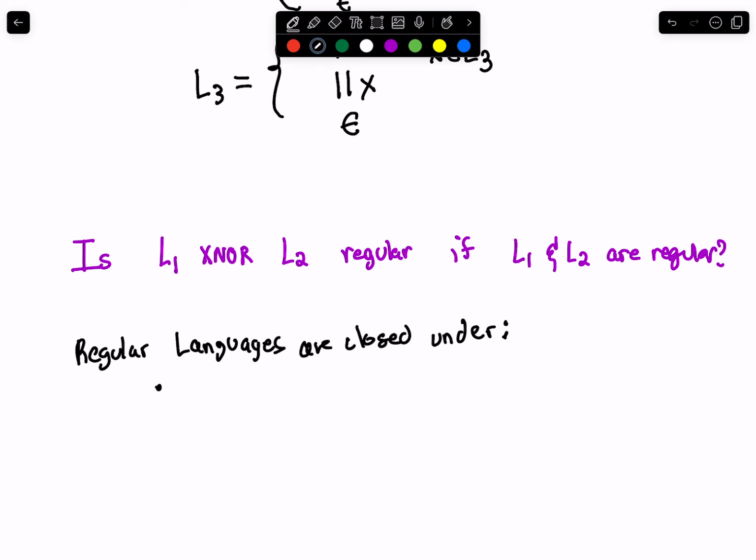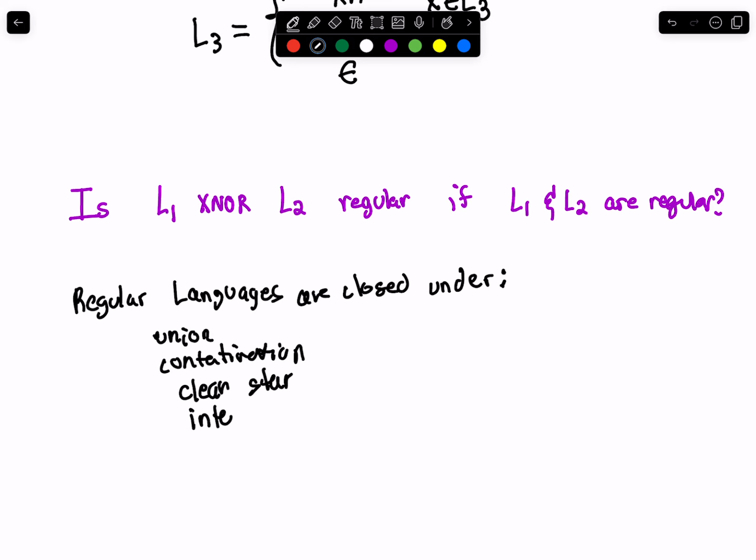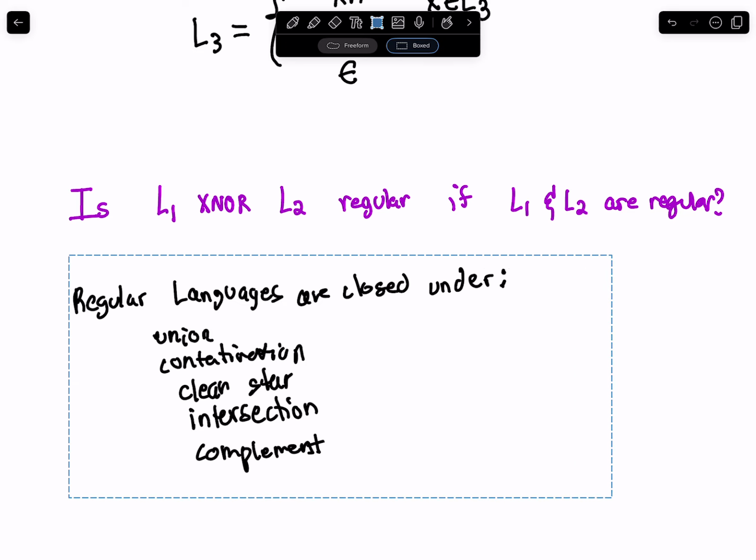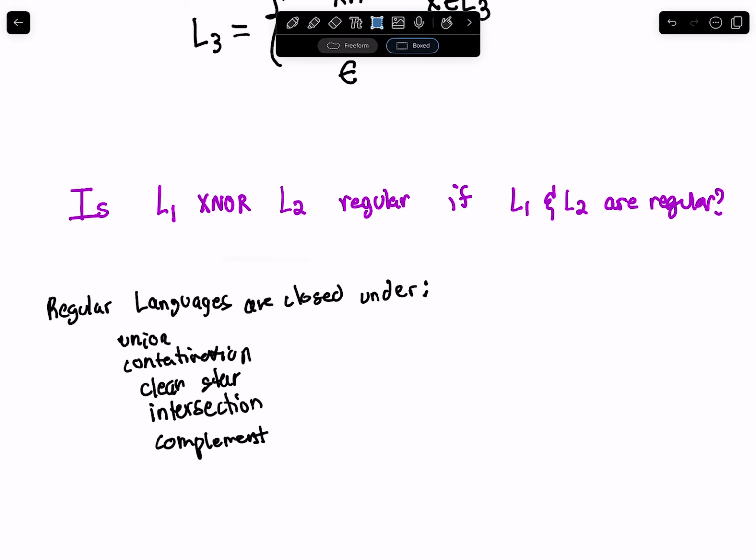Union, concatenation, Kleene star, intersection, complement, right? So let's use this as a basis. There's a very trivial solution to this. Now that we know this, we'll define L1 XNOR L2 to be L3.